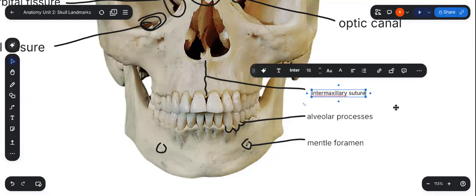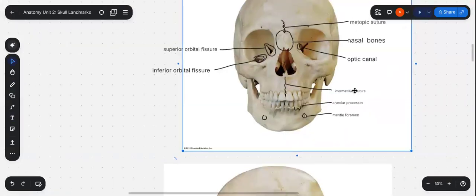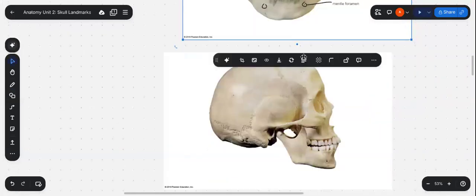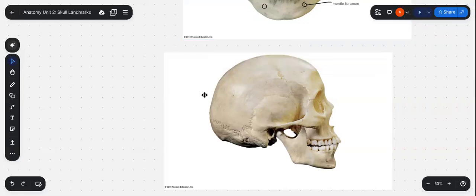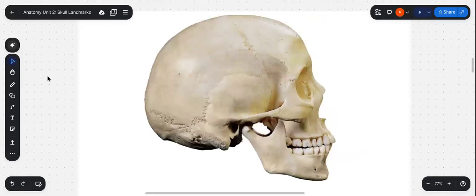All right, next we are going to take a look at a different view. So this was your frontal view. Now we're going to be looking at your side view. First thing that we're going to notice is just the different regions of your skull.